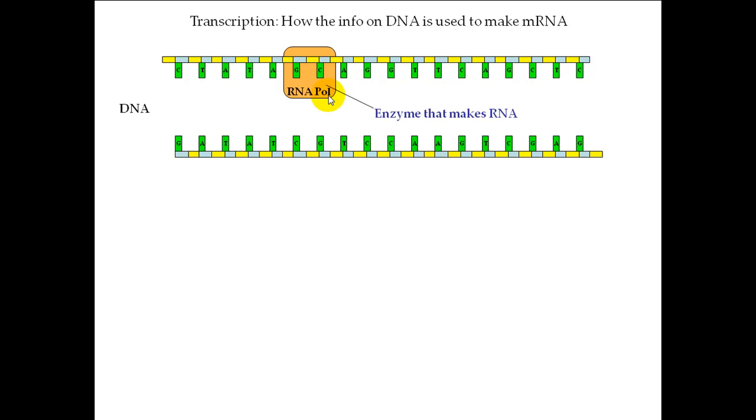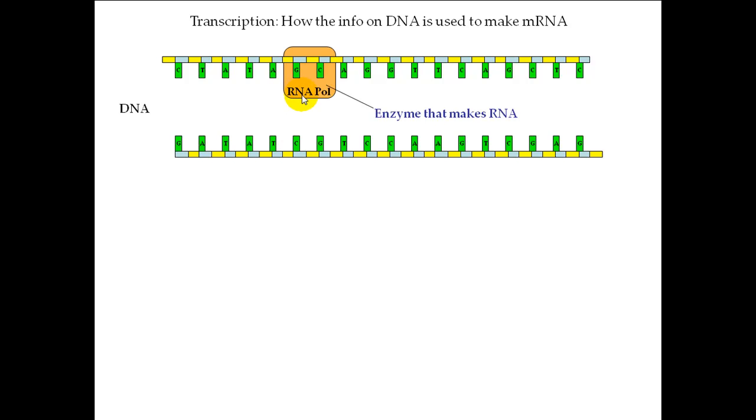To let you know what type of nucleic acid it's making, you just take a look at the term in front, right? If you see an enzyme that's called RNA polymerase, that tells you that it's an enzyme that makes RNA. You might remember that there's also an enzyme called DNA polymerase. DNA polymerase tells you that it's an enzyme that makes DNA. So they actually make it pretty easy for you, right? The term in front of polymerase tells you exactly what that polymerase is going to make.